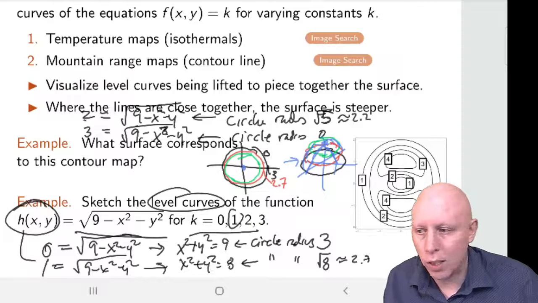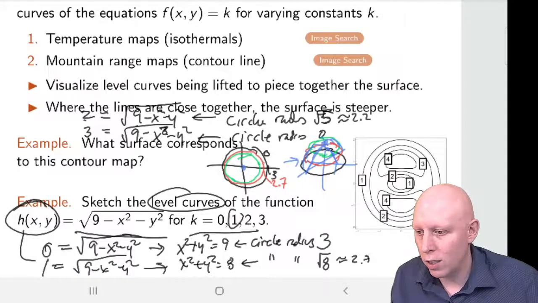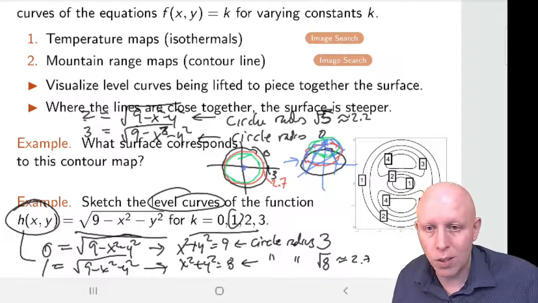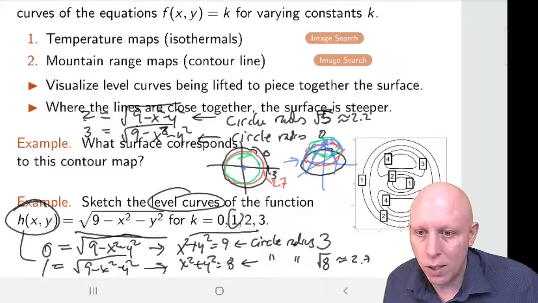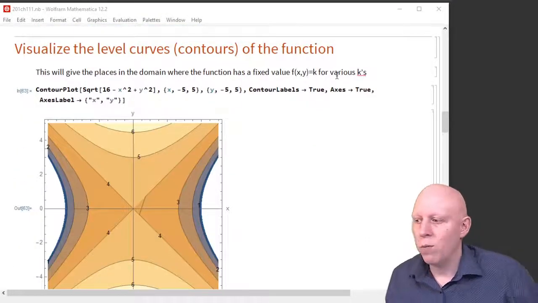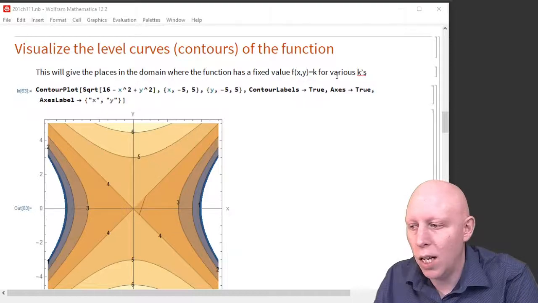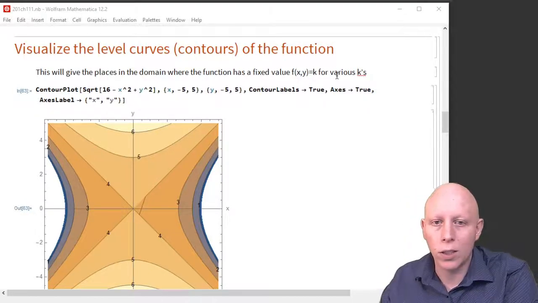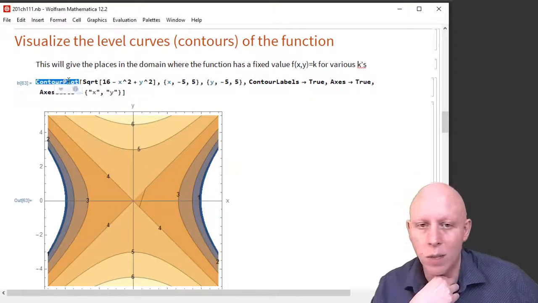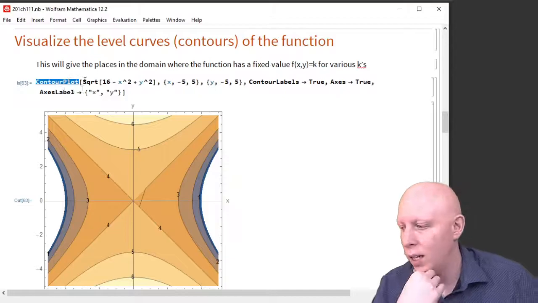So let's go over and use Mathematica to draw these levels, these level curves, contour lines. So back over here. If we want to visualize the level curves, the contours of a function, Mathematica has this command called ContourPlot.